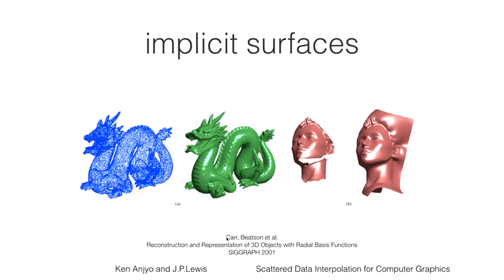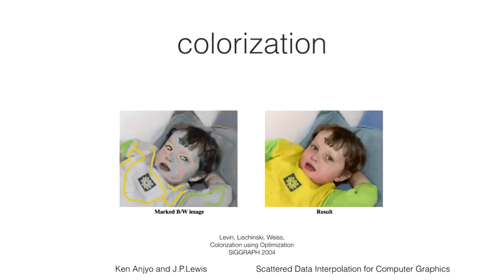So they were able to take on these point clouds that had, for example, 1 million points. The problem of colorization can be thought of essentially as a scattered data interpolation problem, where you have some scattered known colors and you want to interpolate that to the rest of the image in kind of a data-guided way.